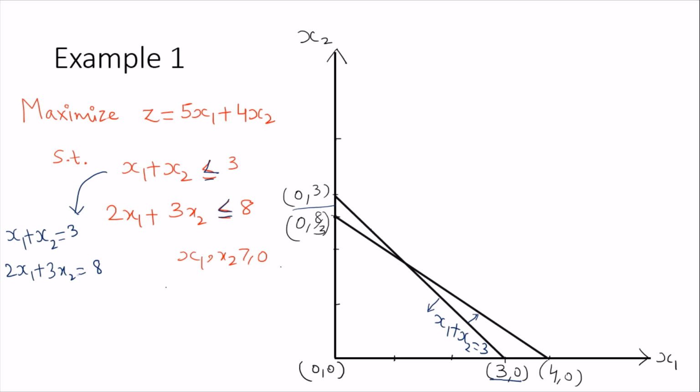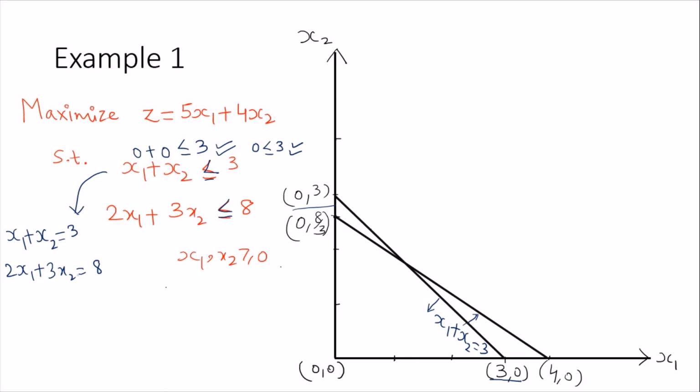To decide which side, you take a reference point, usually the origin. Putting (0, 0) in, I get 0 plus 0 is less than or equal to 3, which is true. So we mark the region on the side which contains the point (0, 0), because (0, 0) satisfies the inequality. Similarly, you decide the regions of all the other constraints by choosing a reference point like that.